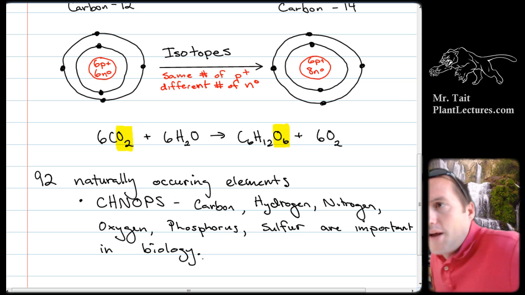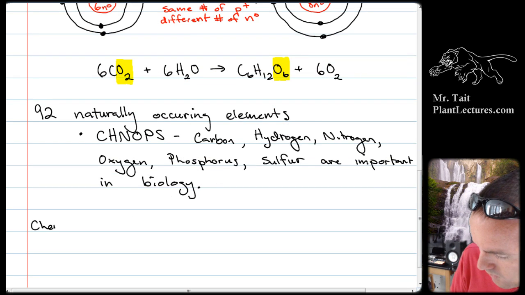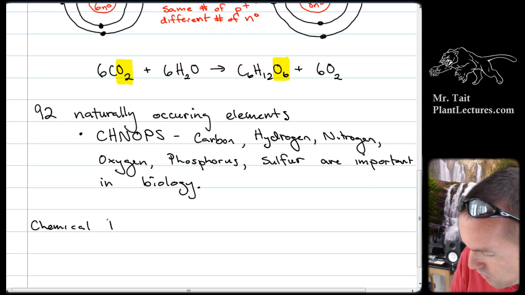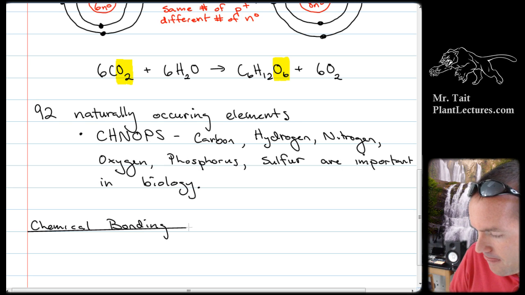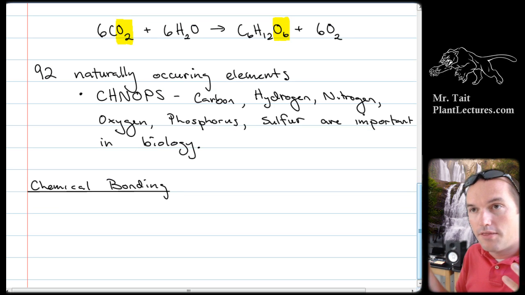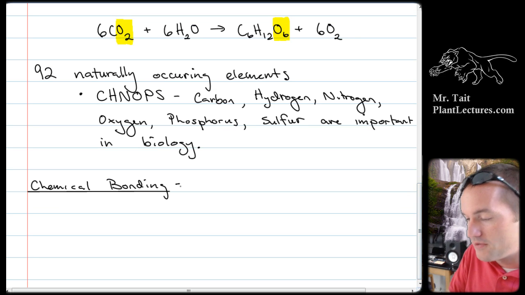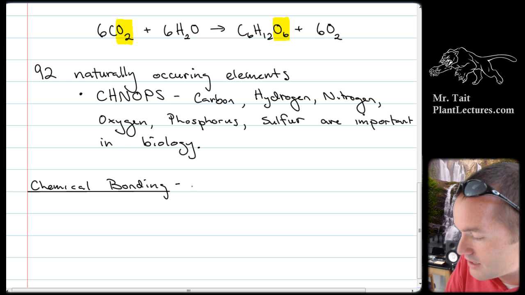Let's talk about bonding, how these things are going to bond together. Chemical bonding. So there's two types of bonds. There's ionic bonding and covalent bonding, and the difference is how the electrons are being utilized, whether they're being shared or transferred.